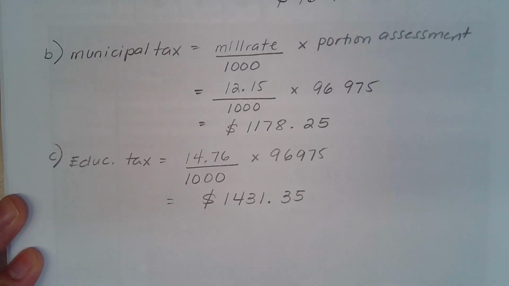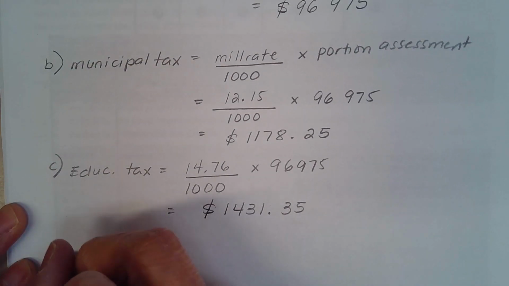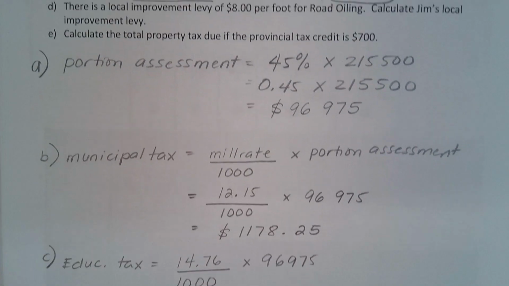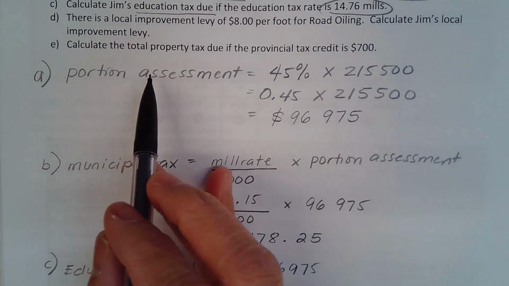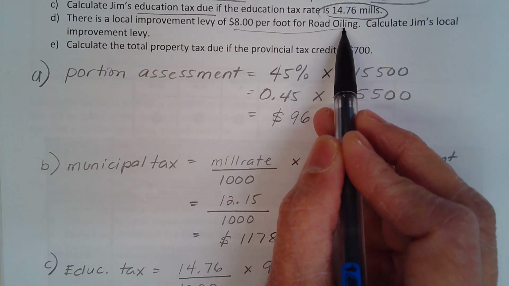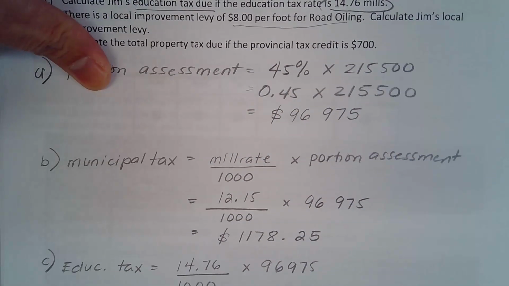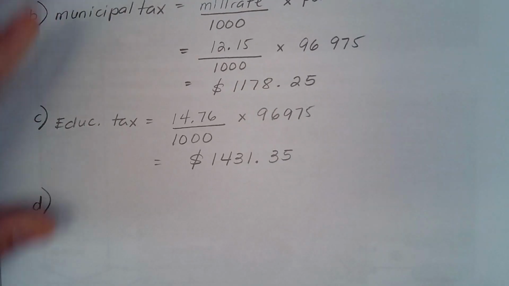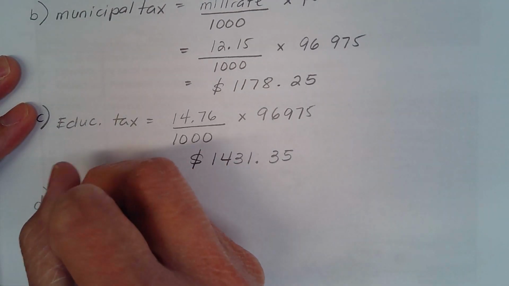Now letter D. Letter D says here, the local improvement is $8 per foot for road oiling. So there is only one local improvement.